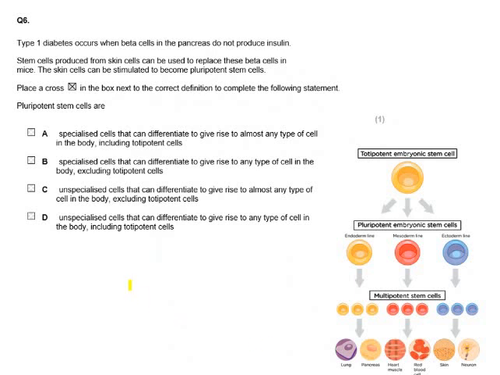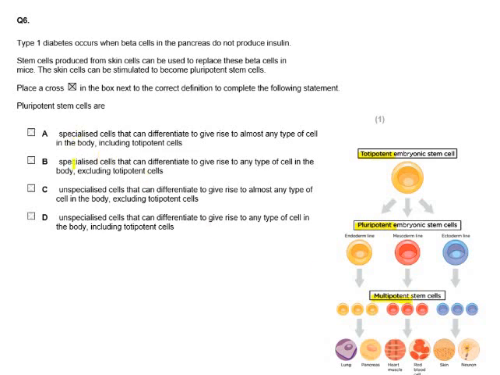Type 1 diabetes occurs when beta cells in the pancreas do not produce insulin. Stem cells are produced from skin and can be used to replace these beta cells in mice. The skin cells can be stimulated to become pluripotent stem cells. Place a cross in the box next to the correct definition to complete the following statement. Pluripotent stem cells are... Now, if you remember, we start with totipotent stem cells, then pluripotent, and then we get multipotent stem cells.